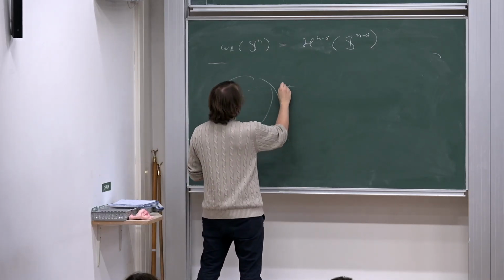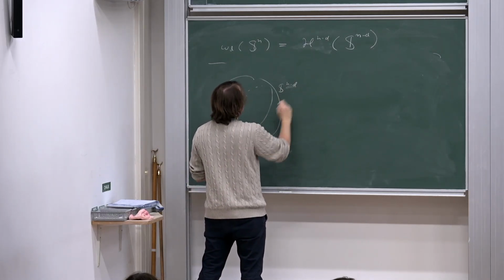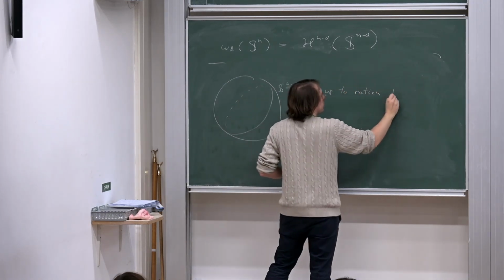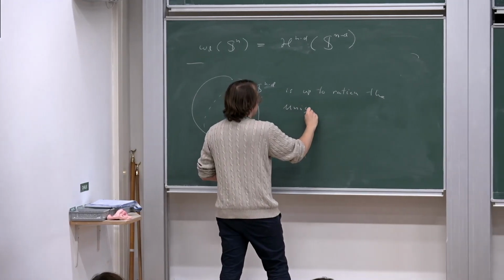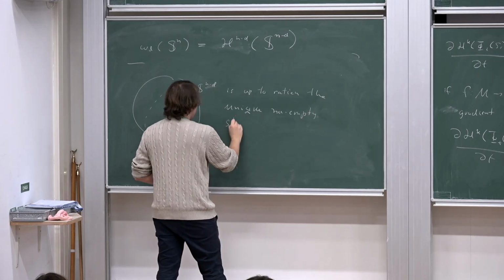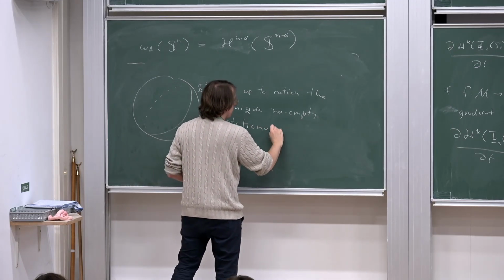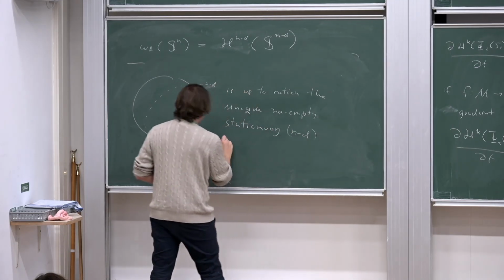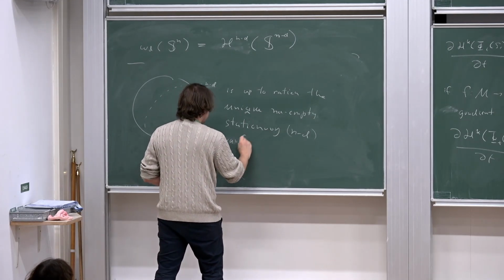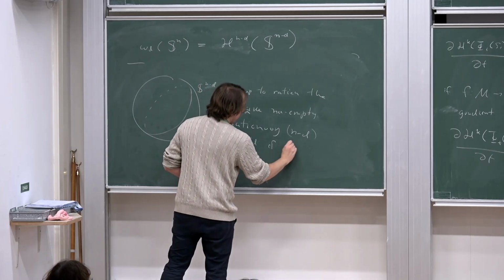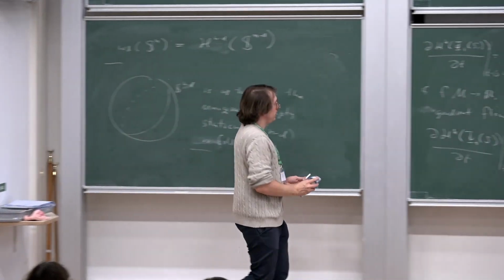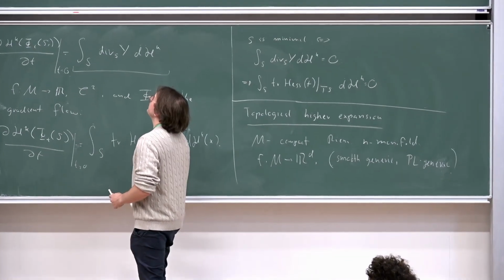So this copy of S^(n-d) is, up to rotation, the unique non-empty stationary n minus d varifold of S^n. And now we understand what is the waist of the sphere.